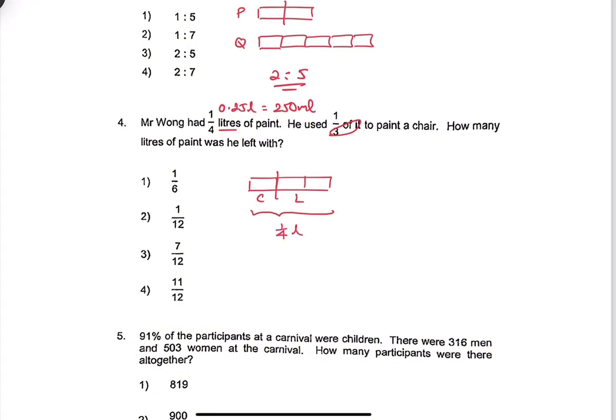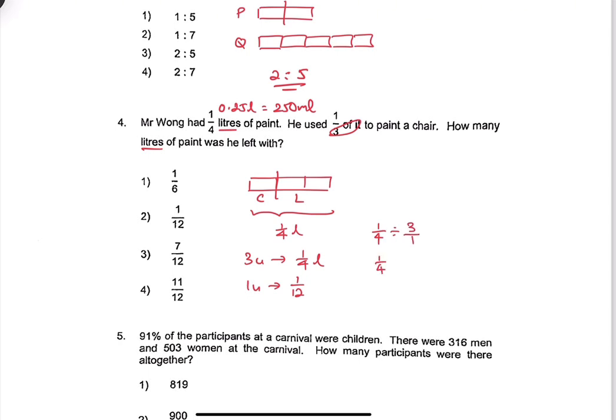liters. Okay, so the question is asking you for liters. So what am I supposed to do? So let's see, we'll write that 3 units is 1/4 liters. Okay, so we can find 1 unit. Okay, 1 unit is the amount. I need to split this into 3, which will give me 1/12. How do we get that? Okay, the working is 1/4 you divide by 3, which is over 1.